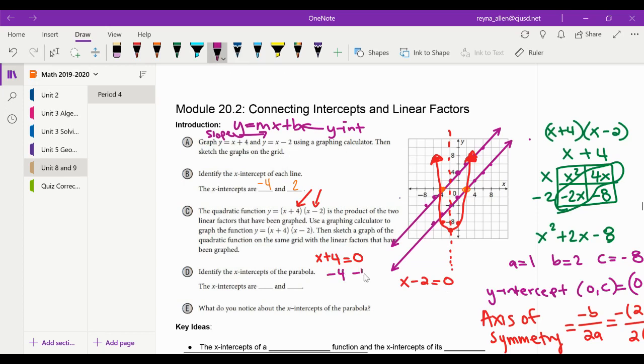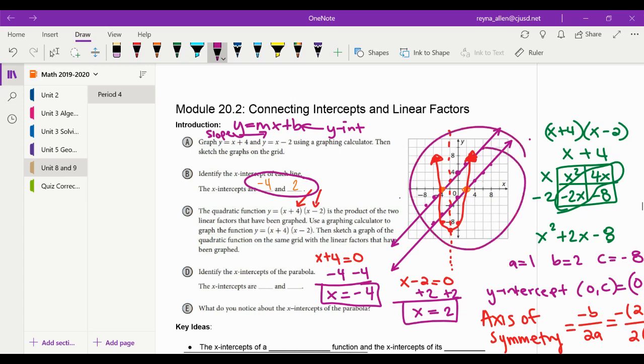Oh, no problem. Bam. There's one of my zeros. Bam. There's my other 0. And oh, what do you know? Same thing that we got here. And same thing we get on our graph.